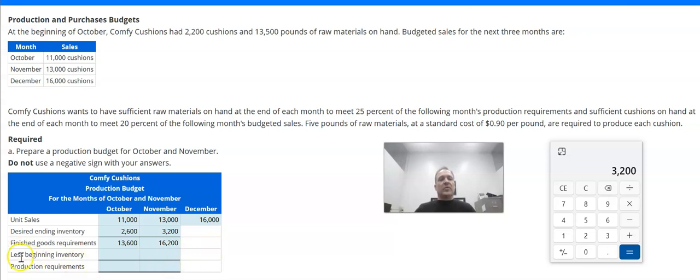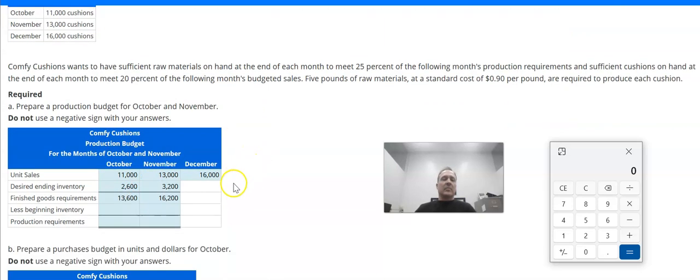Then we're going to need to subtract out, or less, beginning inventory. They actually gave us the beginning inventory right here of 2,200. Sometimes these questions will be worded in such a way where they won't do that. They'll just say that this policy has been in place for a while, in which case we could take the 11,000 and multiply it by the 20%, and that would give us the same 2,200.